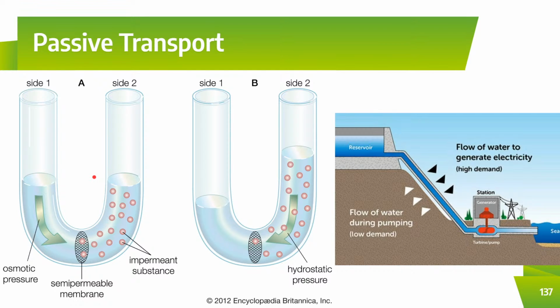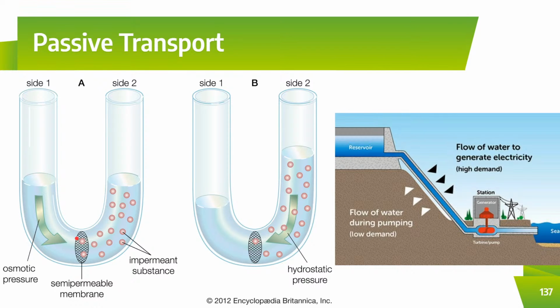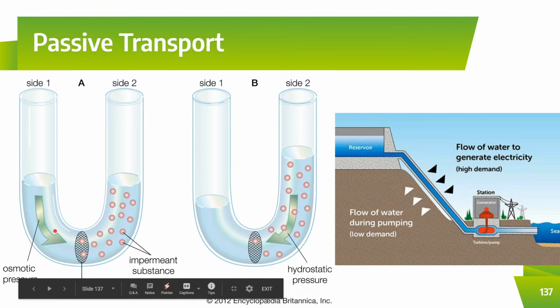Now what we do is we put a semi-permeable membrane in between. Semi-permeable meaning that only certain things can go through. In this case, it is water, so the only thing that can pass through are water molecules from one side to the other.